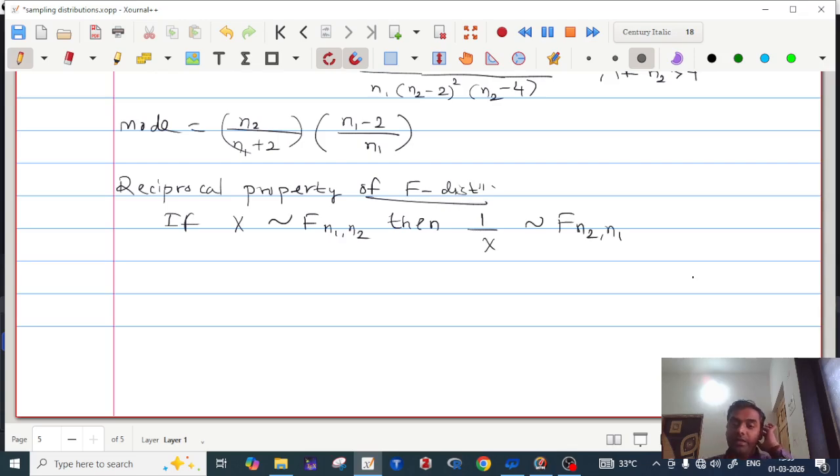This is a very important property. It will be helpful in solving numericals, and in finding the median and quartiles. This property is very much useful in solving numericals also.